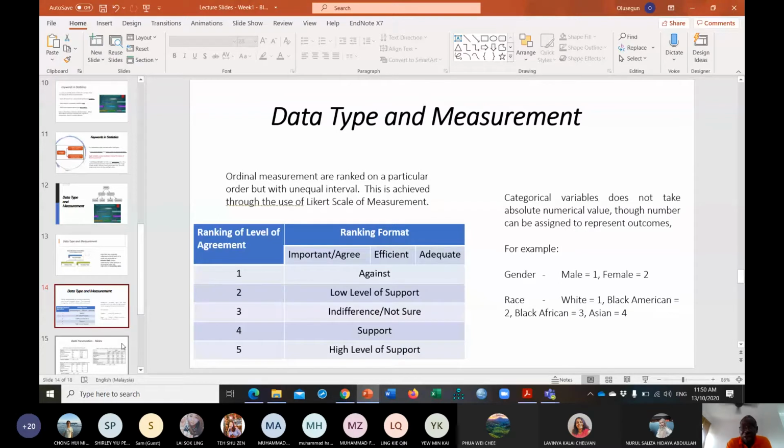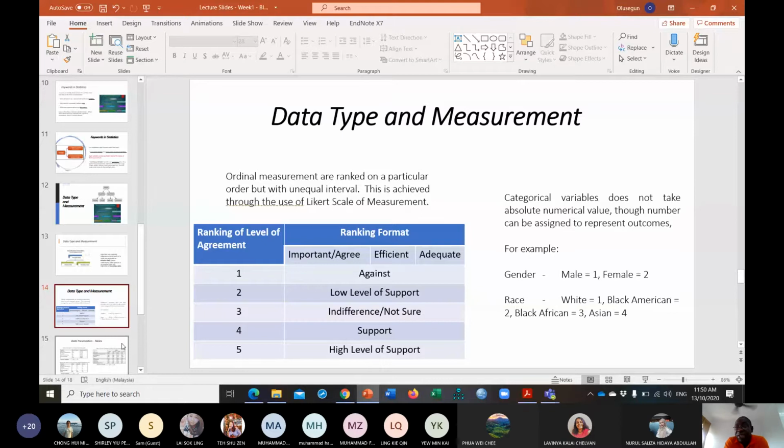So this is when it comes to ranking, because I am making more effort on this so that we know the way we can transfer the non-numerical measurement into numerical measurement. So this is what we do. We give a scale of the level of acceptance.